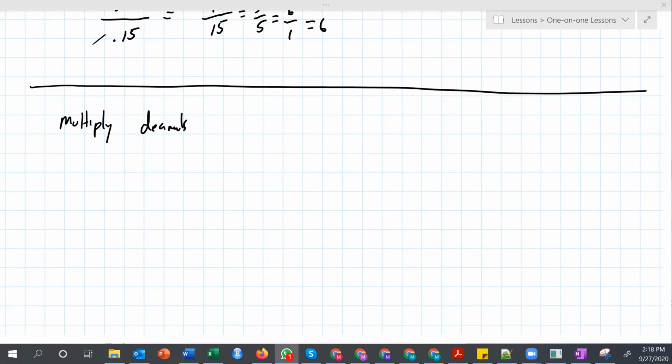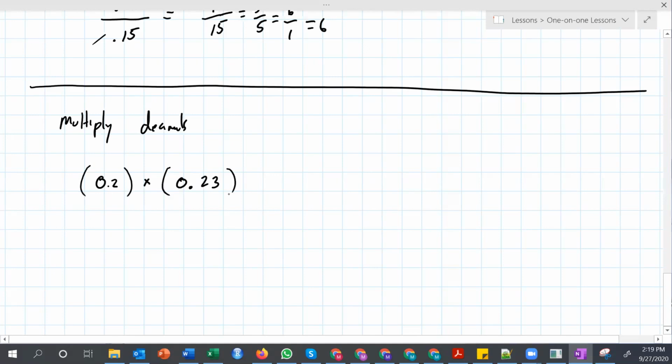We did multiplication problems like, let me think. It's okay if you don't. Here, let me just make one up. How about 0.2 times 0.23? Is that something that looks familiar? Is that a problem you've seen? Yes, that's a problem that I've seen before.